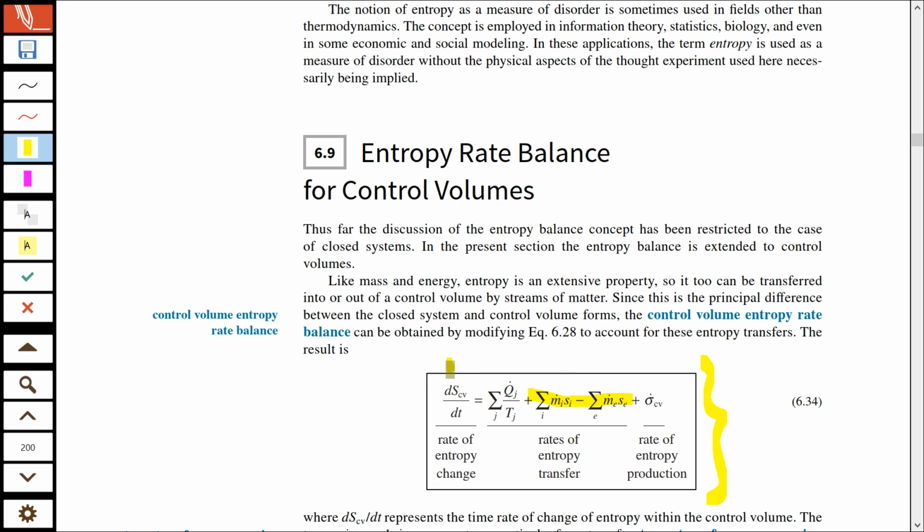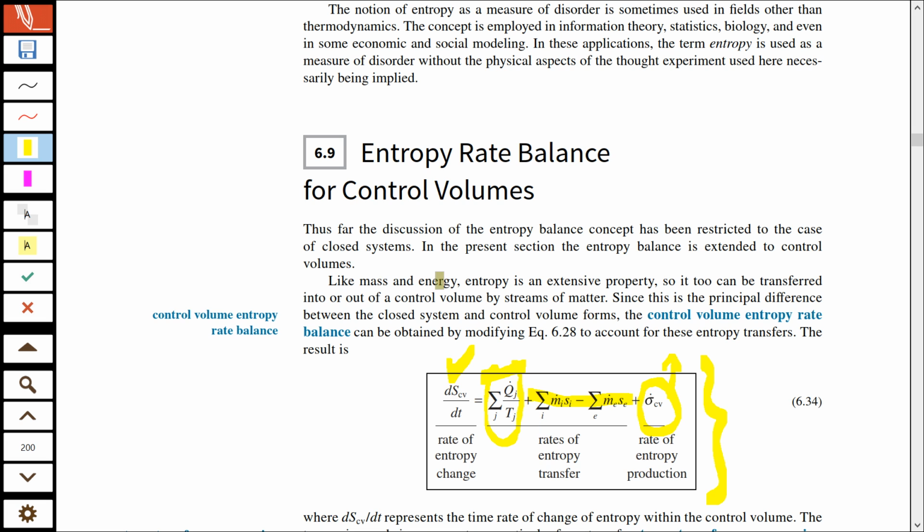Other than that, it's just the standard rate of change of entropy for the control volume. Then this will have a contribution from heat transfer. So this is entropy transfer associated with heat transfer. This is the entropy production rate arising from the irreversibilities within the system, or here within the control volume to be more precise.